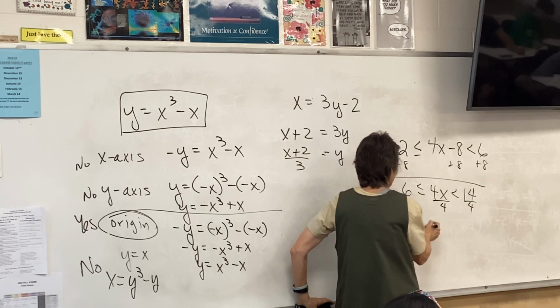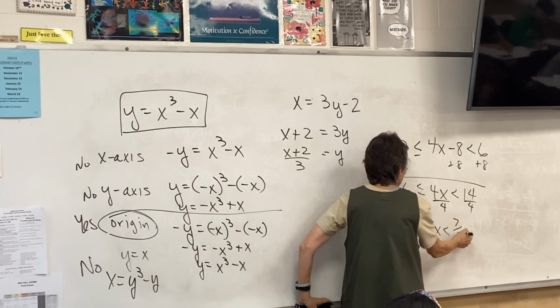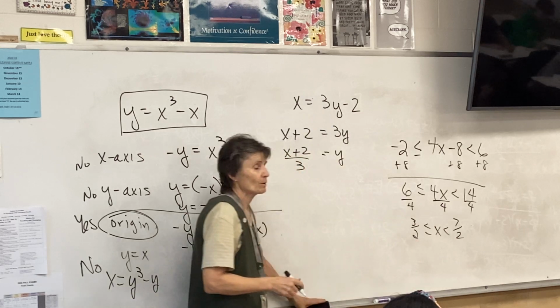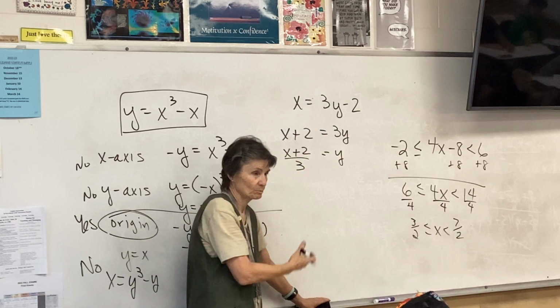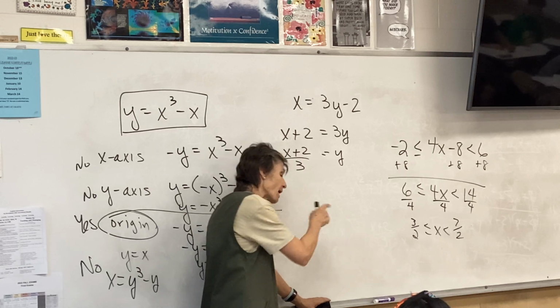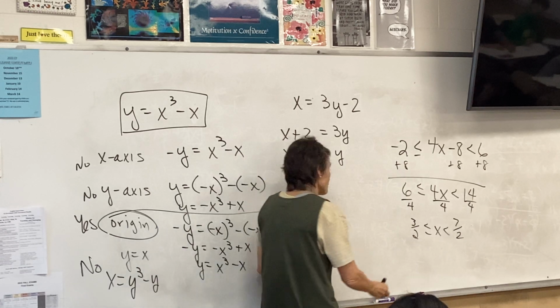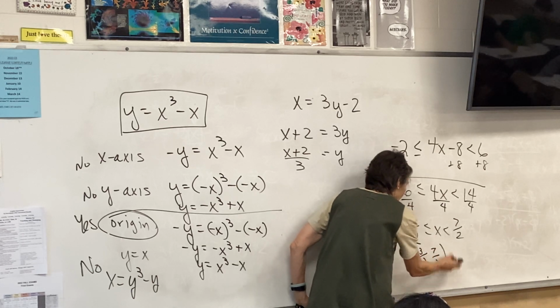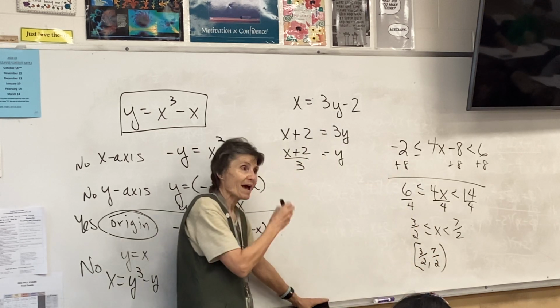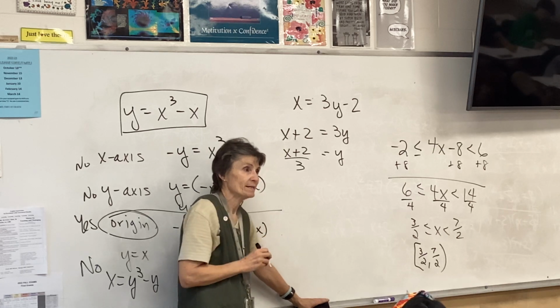So 3/2 is less than or equal to x, which is less than 7/2. Now remember, the test is multiple choice. Problems like this are going to be multiple choice, so that may not be an answer. The answer may be written in interval notation. So it would look like this, right? But that's the same answer, just written differently.